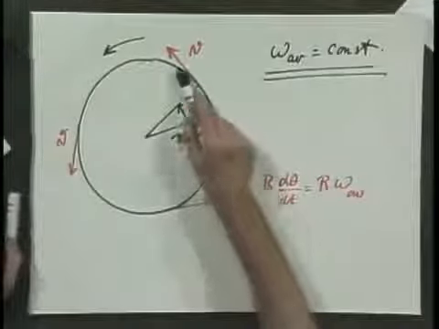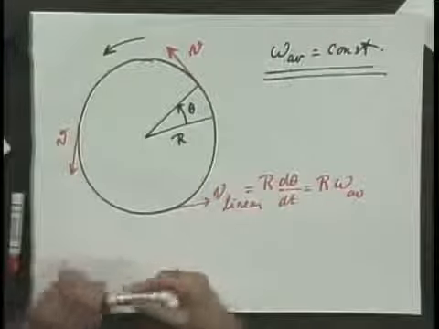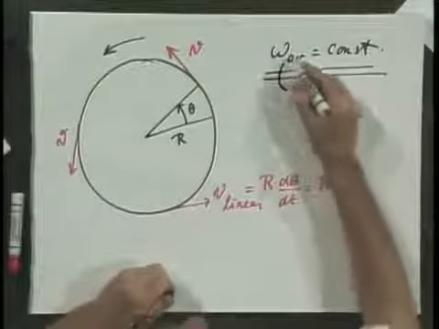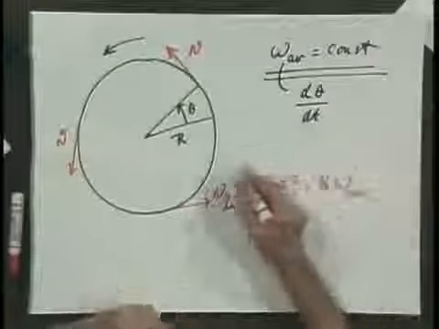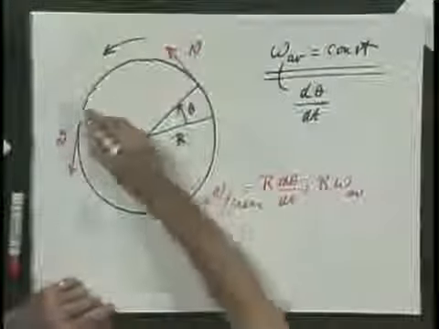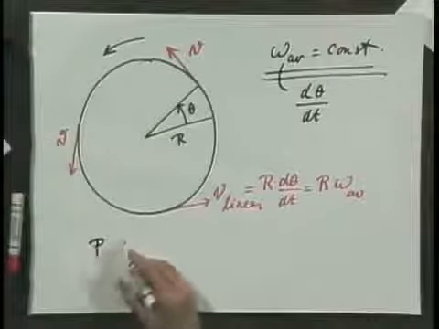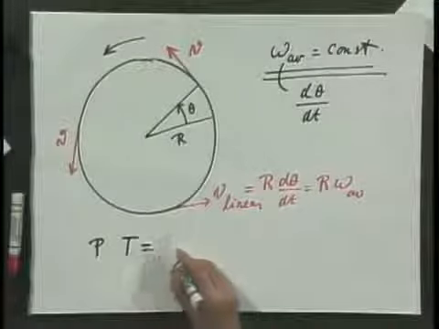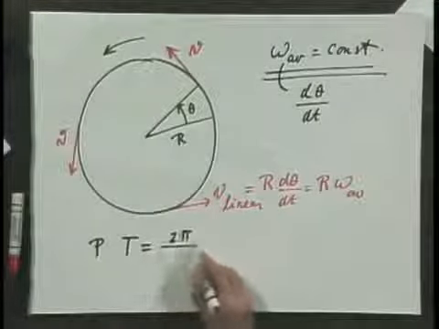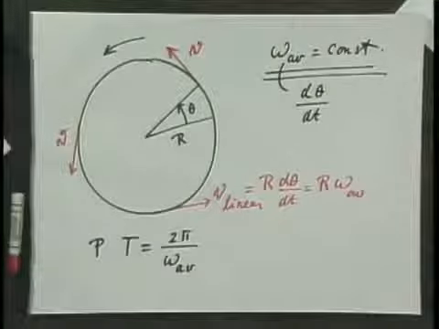The time for one complete rotation, just to remind you, the angular velocity equals d theta dt. The time for one complete rotation, and you may call that period P, or you may call that T, whatever you prefer, equals 2 pi divided by the angular velocity. This is immediately obvious.